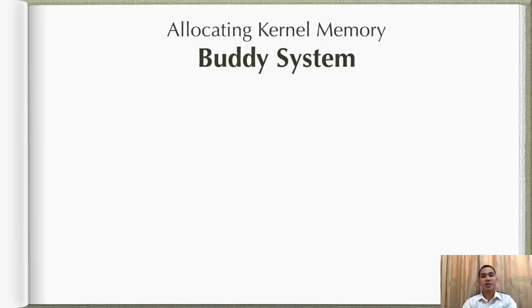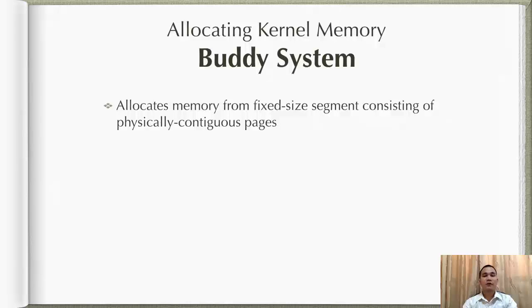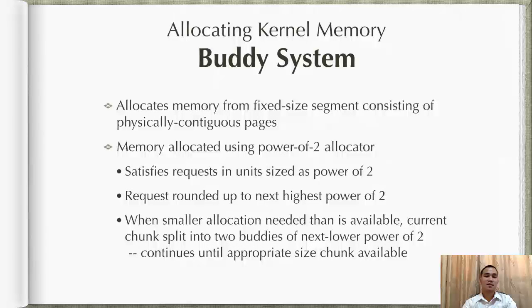Now for our first strategy in allocating kernel memory, we have the buddy system. It is the allocation of memory from a fixed-size segment consisting of physically contiguous pages. Memory is allocated using a power-of-2 allocator.